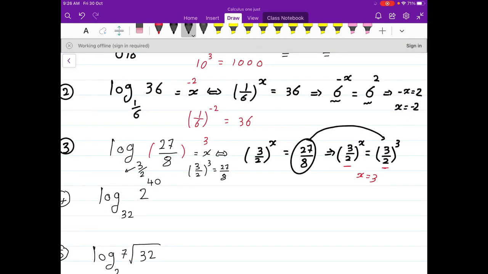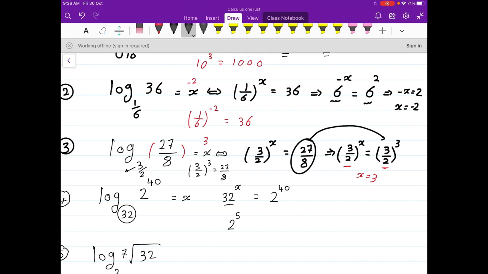Now, how to find log of 2 to the power 40 to the base 32? This is equivalent to x. By the definition of the logarithmic function, this is the base. So this is equivalent to 32 to the power x equals 2 to the power 40. Now, the bases are different, but you can write 32 as 2 to the power 5. Why? 2 times 2, 4 times 2, 8 times 2, 16 times 2, you get 32.